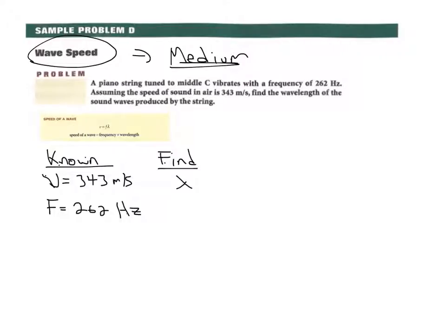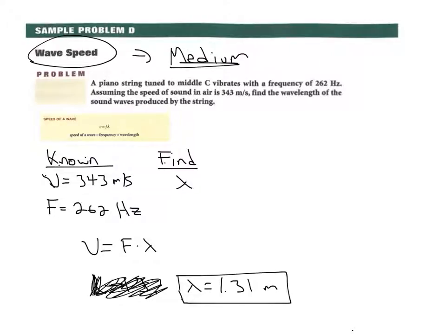So this is just something to know. To find the wavelength, we're simply going to use our equation. So v equals frequency times lambda. So lambda is going to be equal in this problem to 1.31 meters.